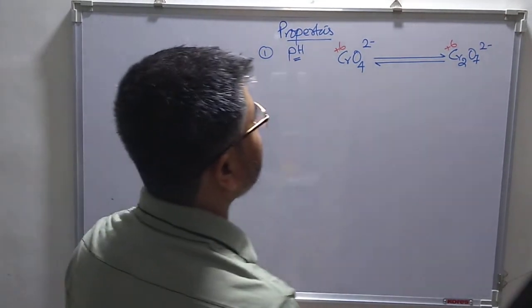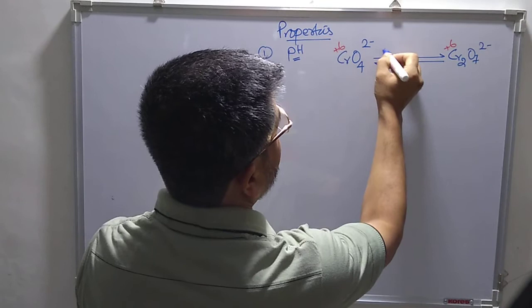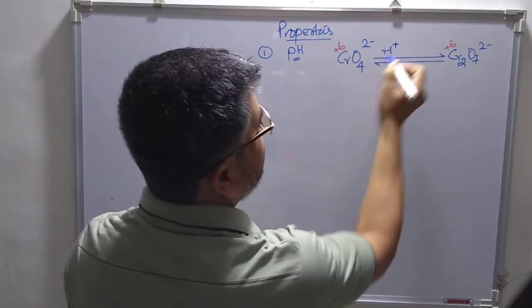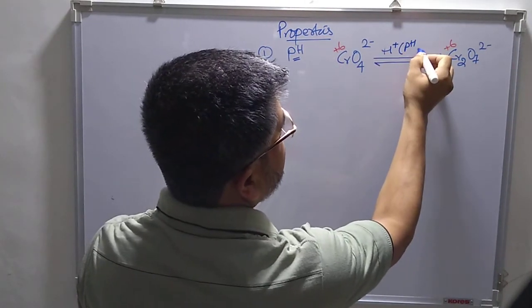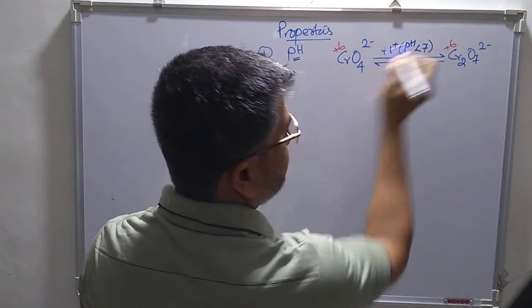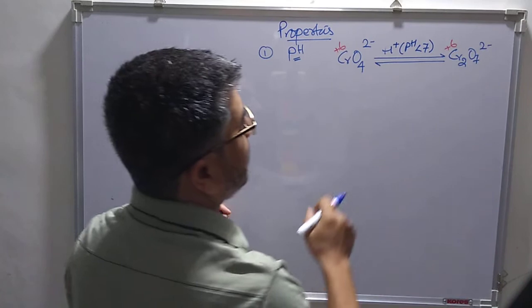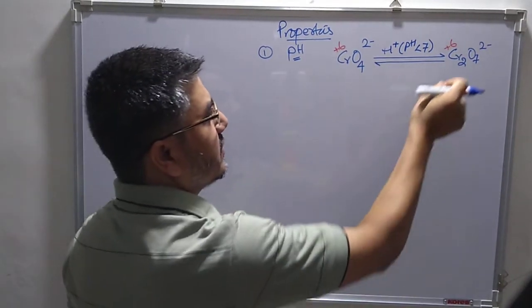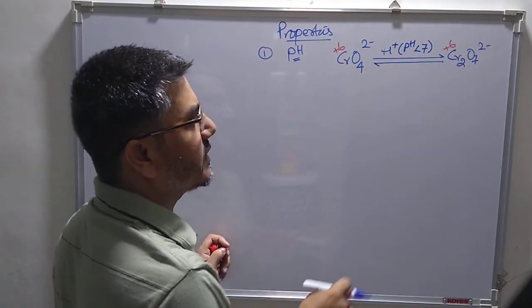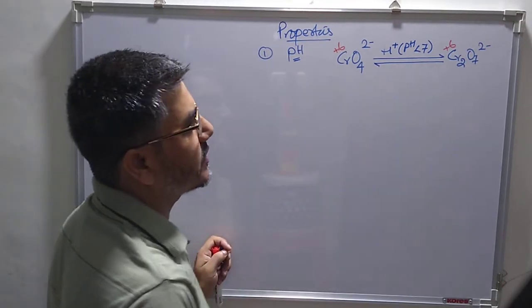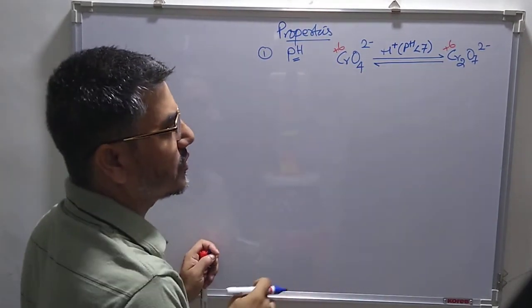So on acidification, that is pH less than 7, the chromate ion changes to dichromate. Or, starting with dichromate, if the solution is made alkaline, ultimately the dichromate changes into chromate.